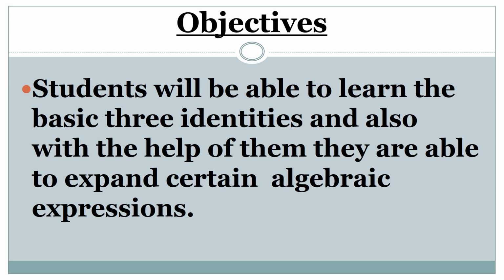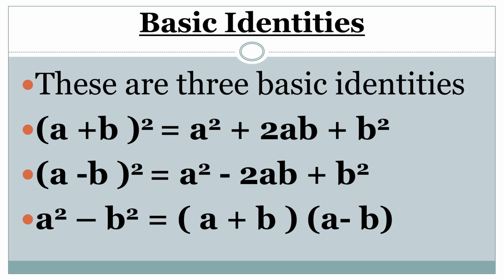At the end of this lesson, students will be able to learn the basic three identities, and with the help of them they are able to expand certain algebraic expressions. Now students, we move towards our three basic identities.